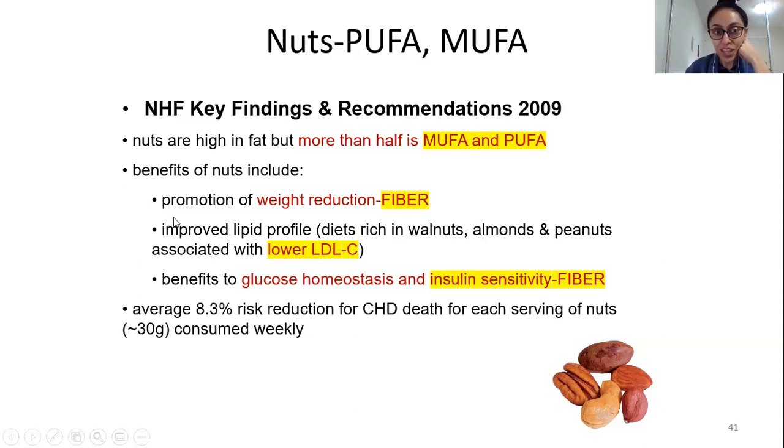All right. So yes, nuts, yes, they are high in fat, but remember nuts come from plants. Plants don't contain cholesterol. So what type of fats are there in your nuts? They are bound to be healthy fats, like predominantly your MUFAs and also your PUFAs. Okay, but predominantly it's your MUFAs. All right, so yes, and nuts certainly have lots of fiber as well, insoluble fiber, which in itself has a good effect on heart health.